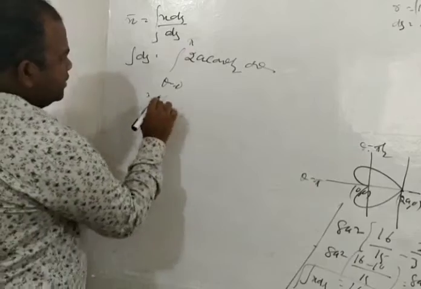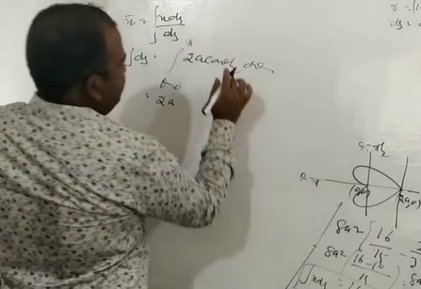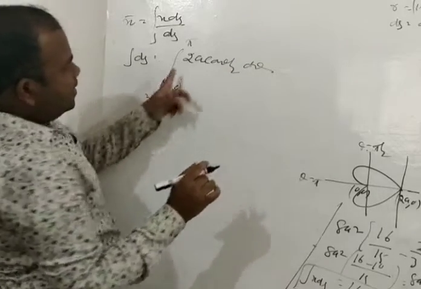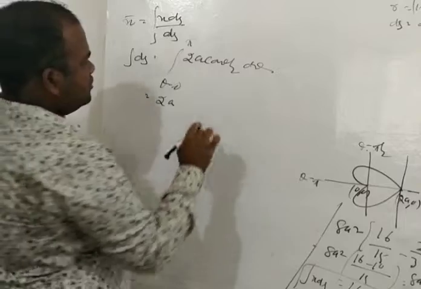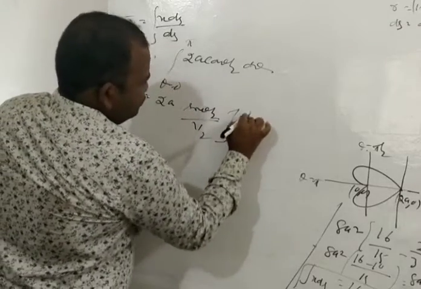So this is 2a, and the integration of cos(theta/2) is sin(theta/2) upon 1/2, from 0 to pi.